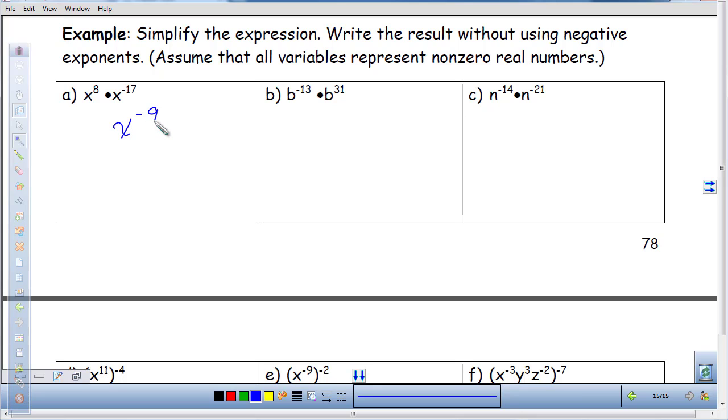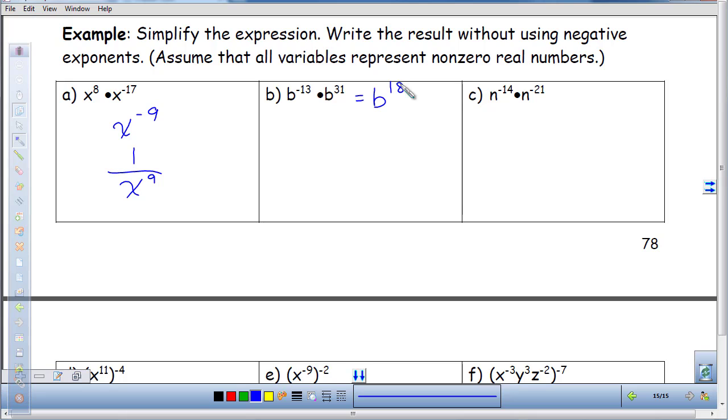Okay, but I don't want that negative exponent to stay, so we're going to write it as what? 1 over x to the 9th. Okay. All right, then we got b to the negative 13 times b to the 31st. That gives us b to the what? 18th. Okay. All right, do we need to do anything else? No, we're done with that one.